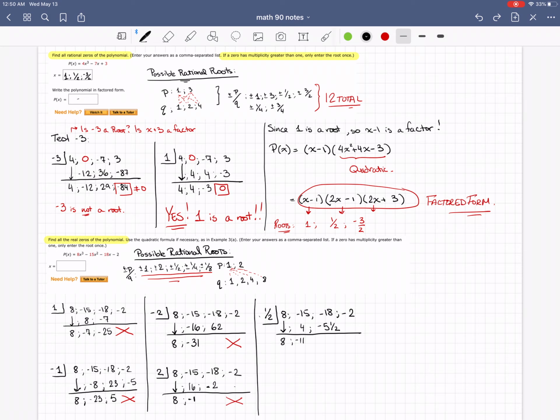Because when you add those together, that's -23.5. That's way too big. I am actually going to go out on a limb here and say that -1/2 isn't going to work either, and I'm going to try 1/4. Okay. All right, here we go.